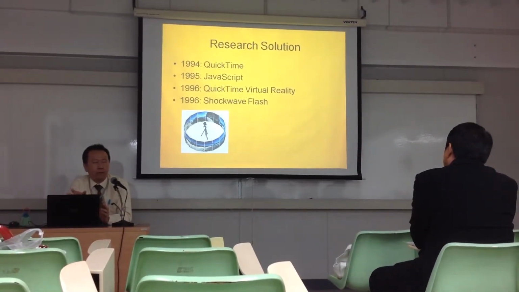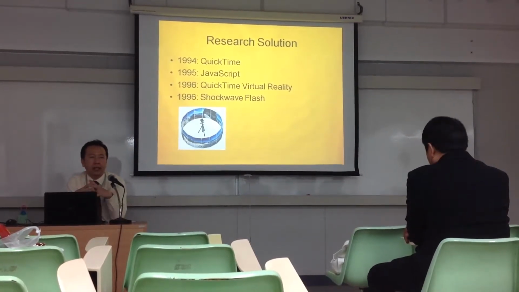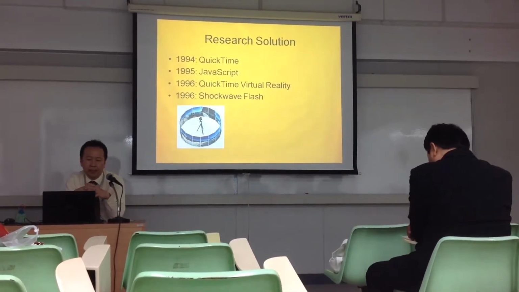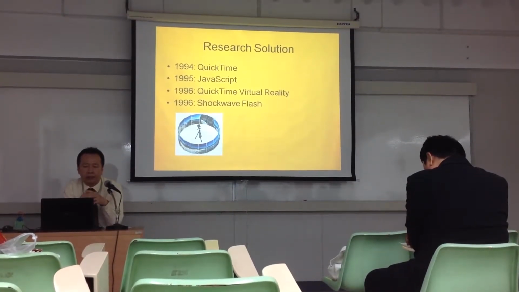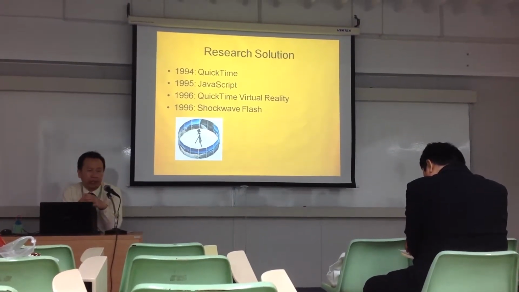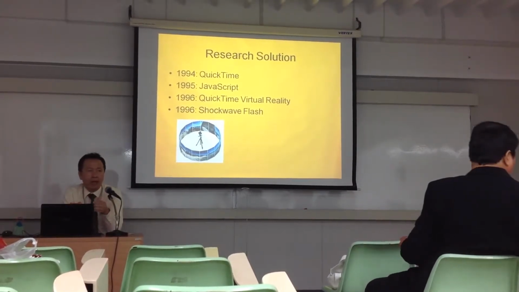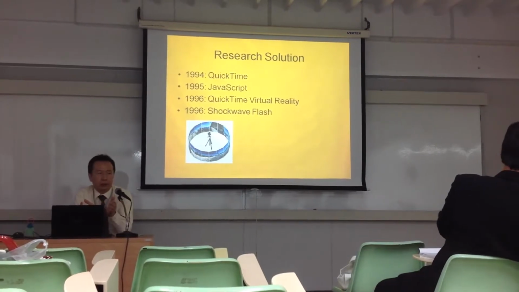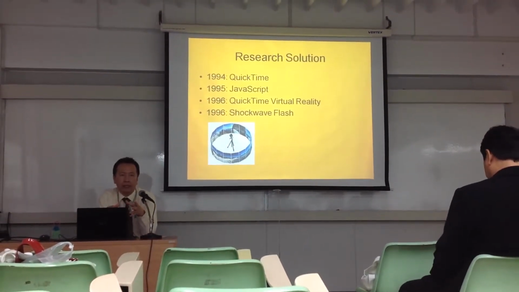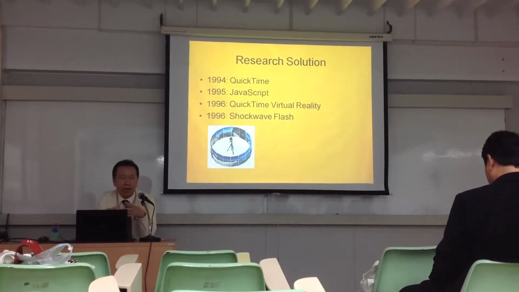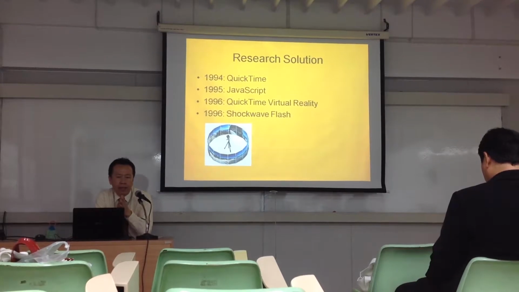We investigated a few available technologies at that time, given the limitations, and decided to utilize a technology called QuickTime VR, which uses images surrounding you, your environment, allowing the user to interact with the content itself.